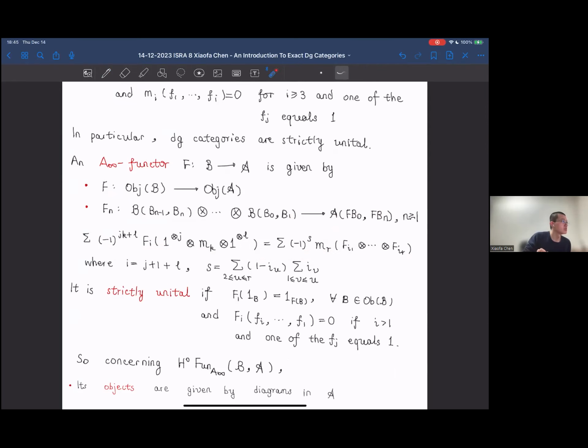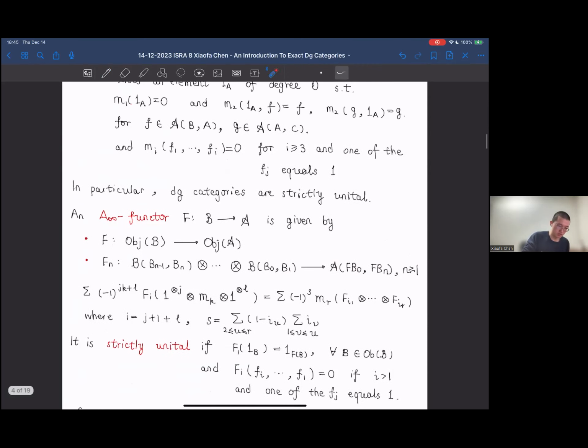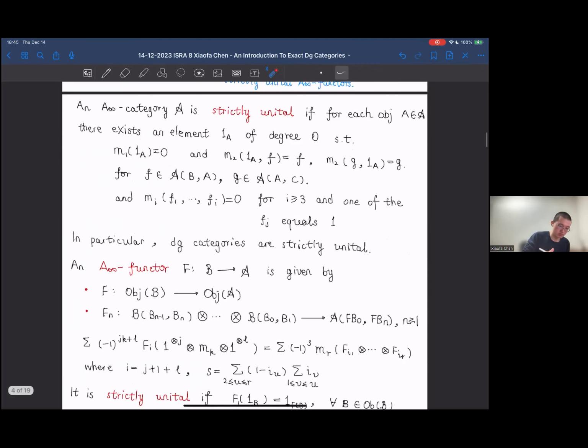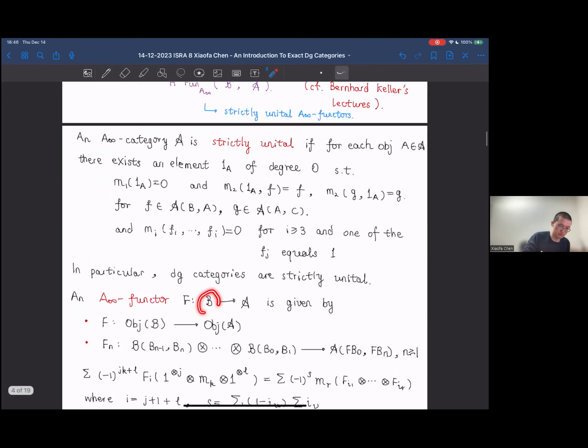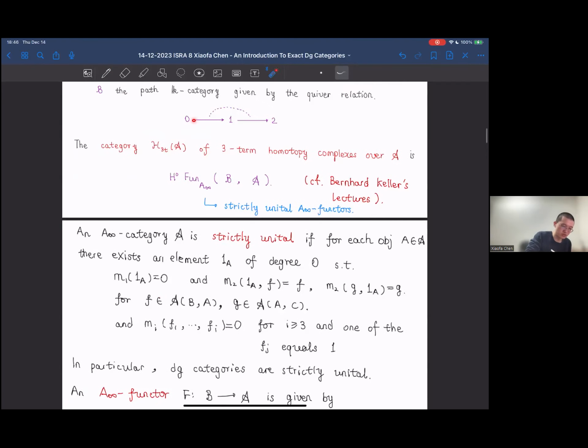equation. It seems complicated here, but for our purpose, our DG category B is very simple. For example, the differential of any arrow is 0, and the composition of any two nontrivial morphisms is 0.